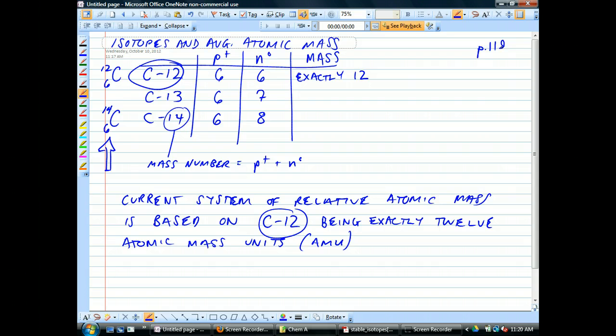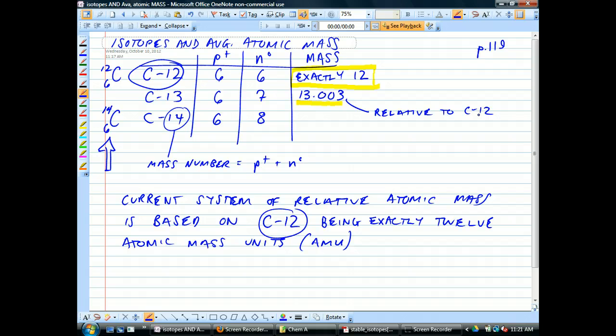And if I look up carbon, I see that carbon-13 is 13.003. So notice the difference here. When I wrote the mass of carbon-12, I wrote exactly 12. When I wrote the mass of carbon-13, I gave you 5 significant digits. This carbon-13 mass is relative to C12 being exactly 12.